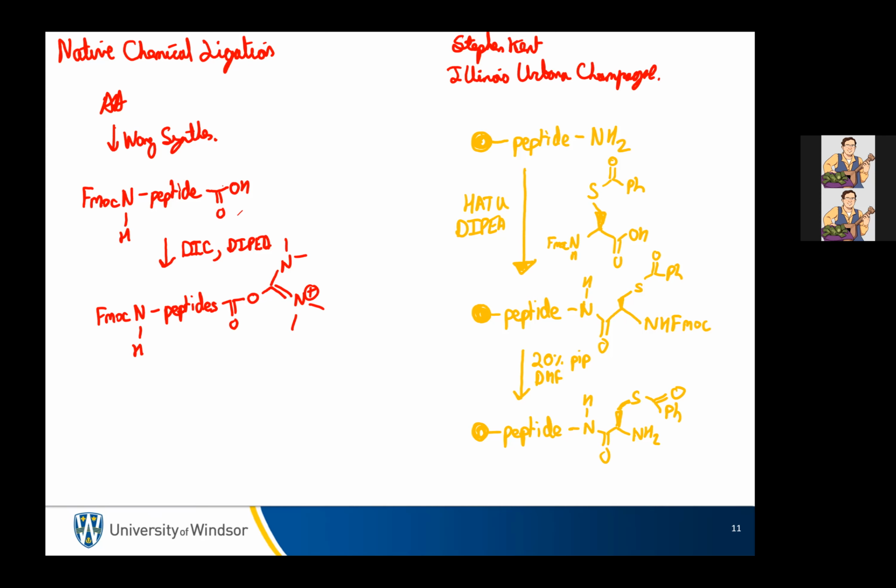And this is where, depending on how you look at it, your trouble starts, because now you have a weak thioester held in close proximity to a free nitrogen.